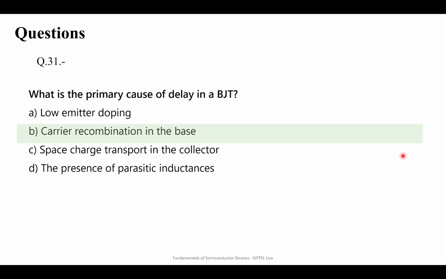So the answer to this is carrier recombination in the base. A higher amount of carrier recombination will lead to more delay in the transfer of carriers from your base to collector, and that creates a delay.